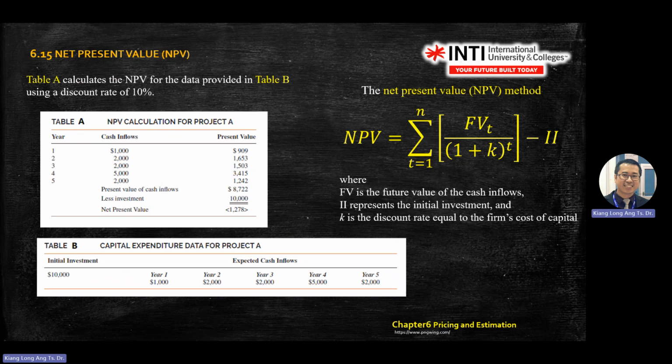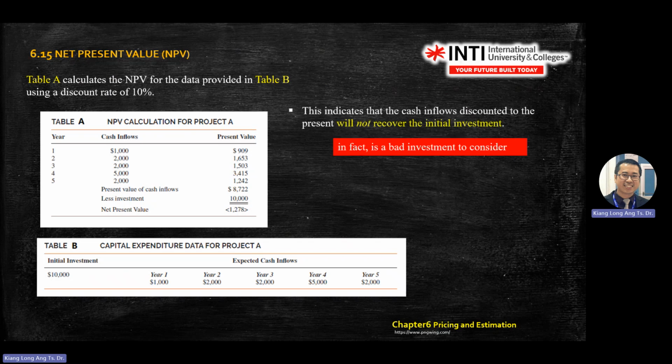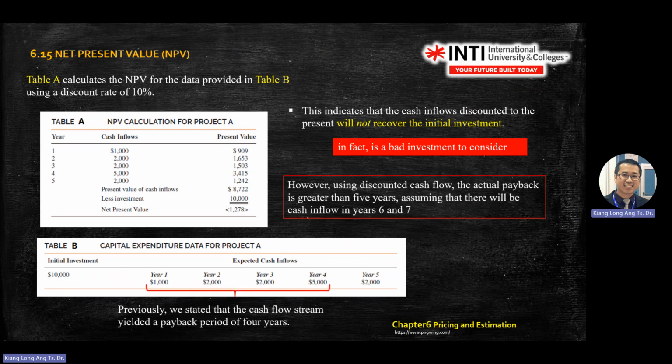Remember to write the equation, this one. Not a very hard thing, right? It just means if you get negative, you will not recover the initial investment. Meaning you're having a loss, so it's a bad investment to consider.